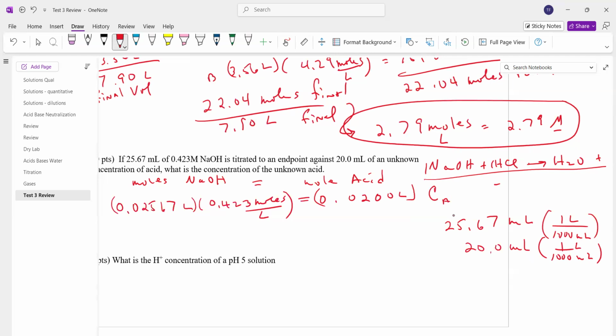We don't know the concentration of acid. So that's the setup basically. So we're going to solve for C.